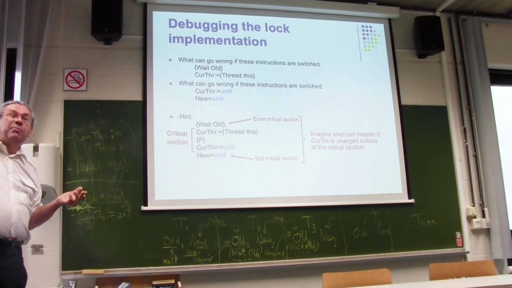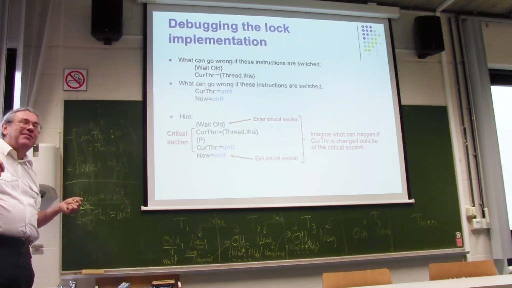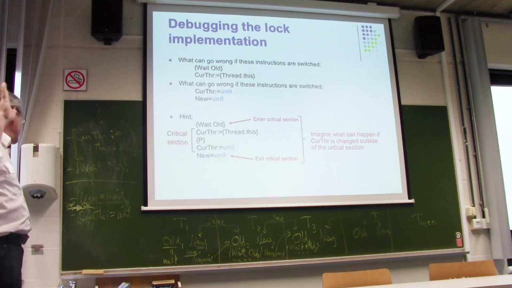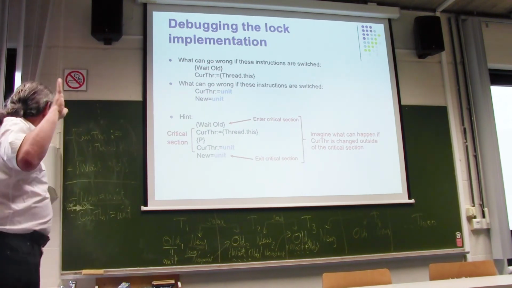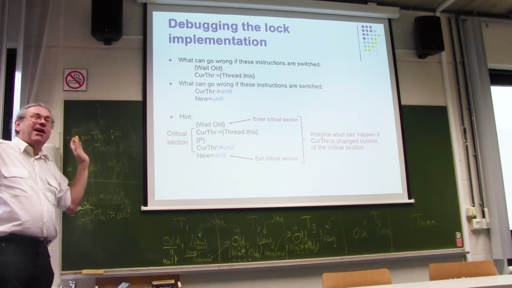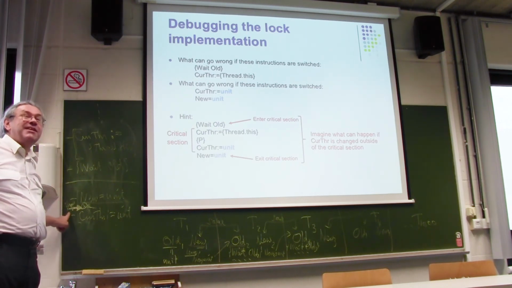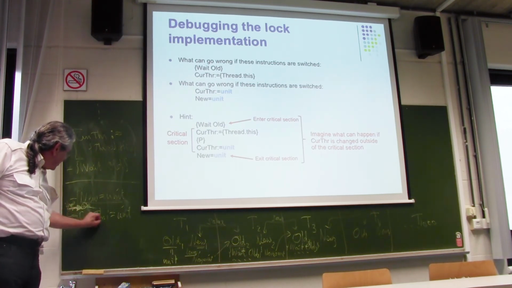But now, what happens now? Do you see now what can happen? That other thread is in, everything seems to be happy. English has a saying, hunky-dory, that means everything's okay, the sun is shining, and so on. But then the scheduler, the nasty guy, wakes up this thread and executes this.